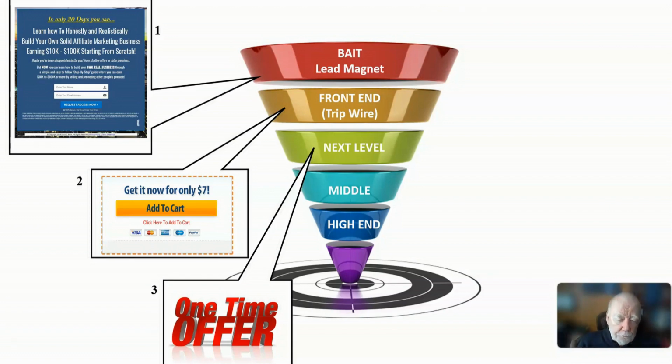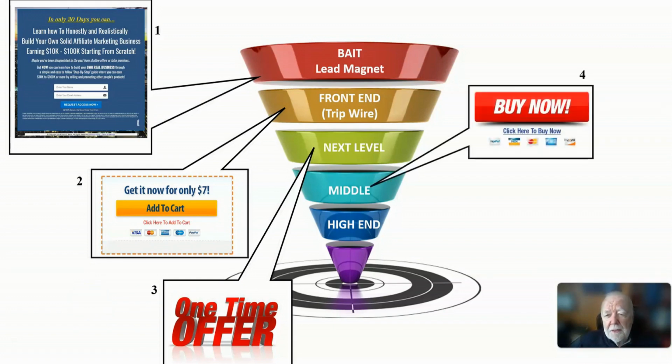But a lot of times it is slightly higher, more expensive, but with more value than the previous one. And then when they consume that, you're leading them through each step in your funnel. And then the next one is usually a slightly more expensive one.